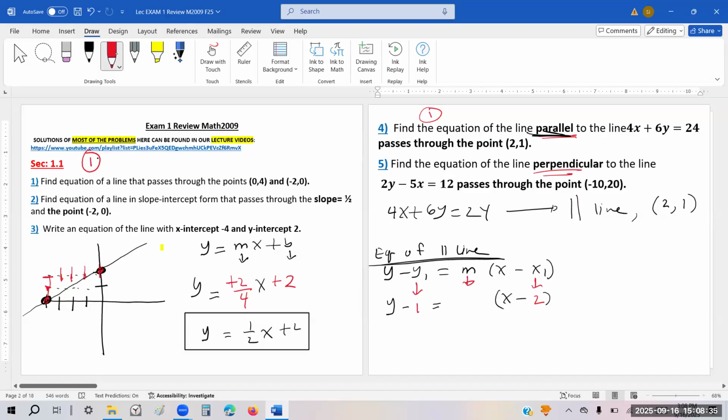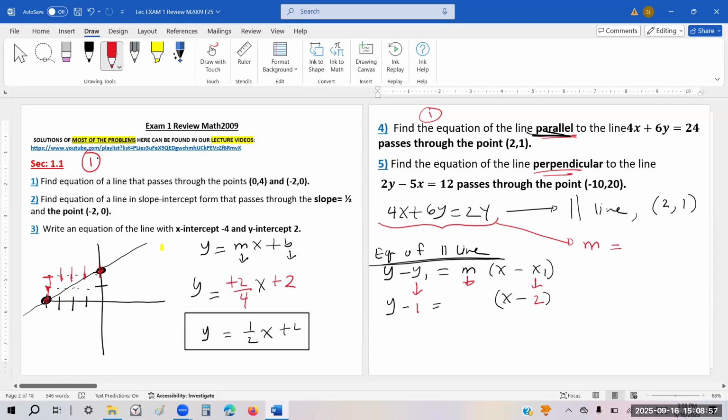How do you find the slope of the parallel line? We need the help of the given line. You need to know the slope of this line. Do you see the slope here directly? No. That means you have to do something to see the slope. There are 2 ways you can do it.